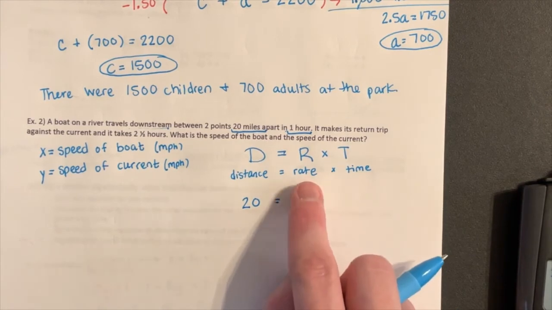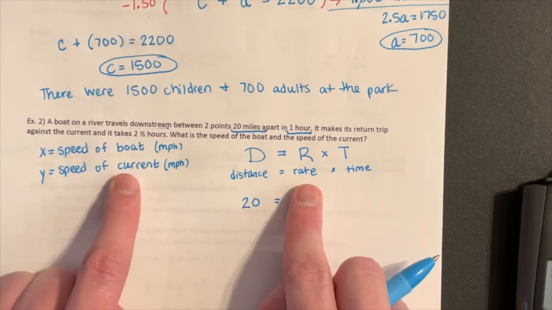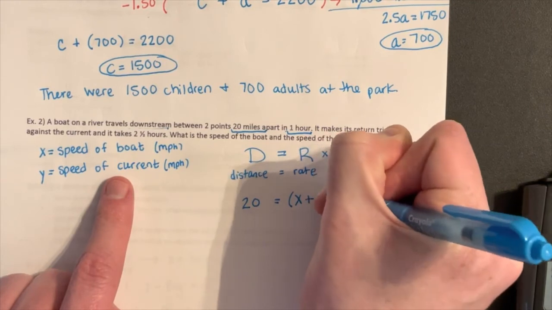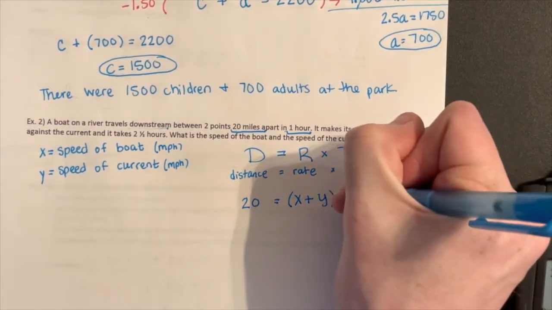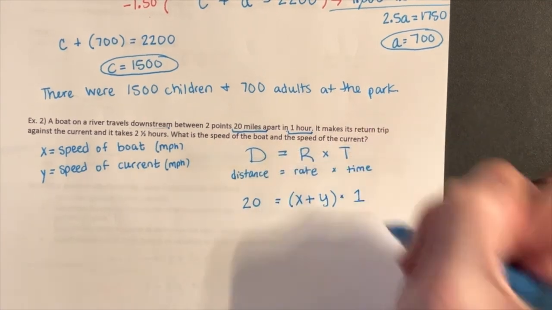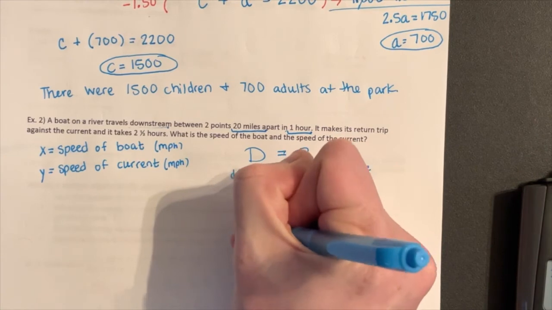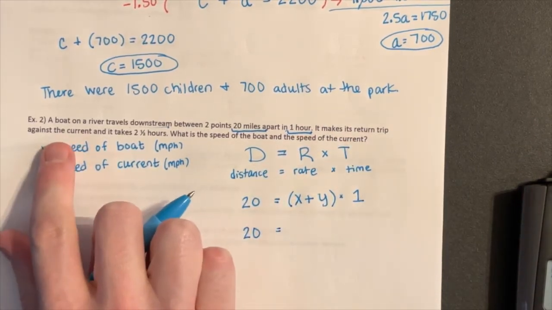But the rate at which we travel is going to change, because when we're going downstream, that rate is the speed plus the current. So our rate would say x plus y and the amount of time that it took. So in our case, it took 1 hour.